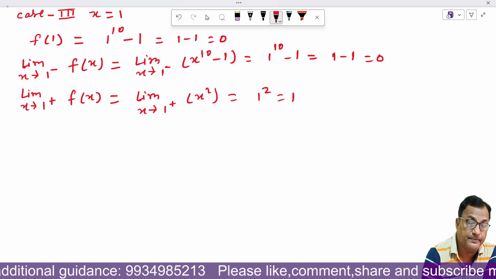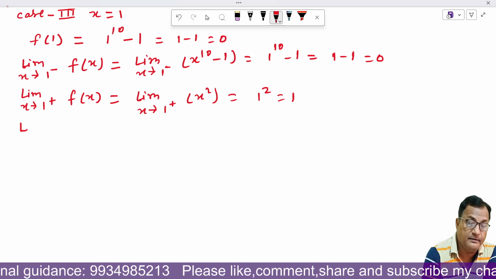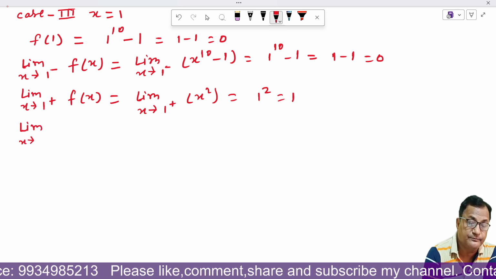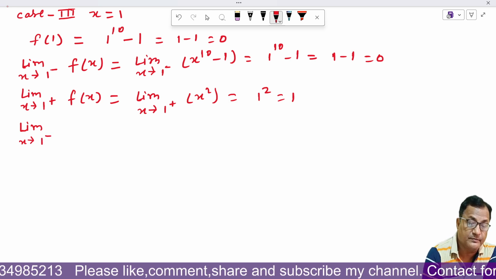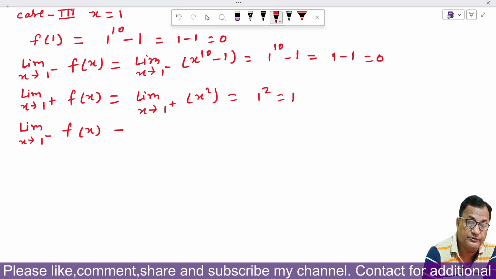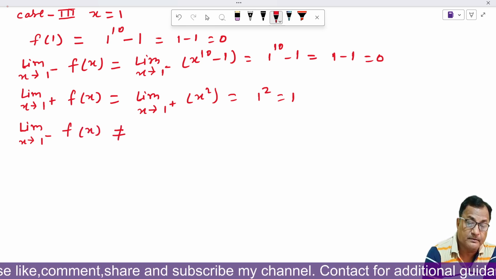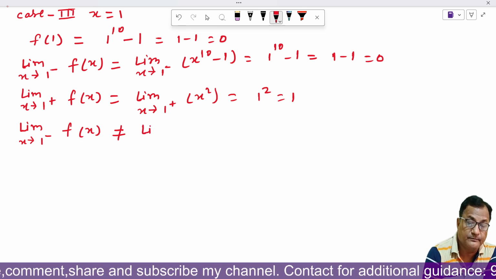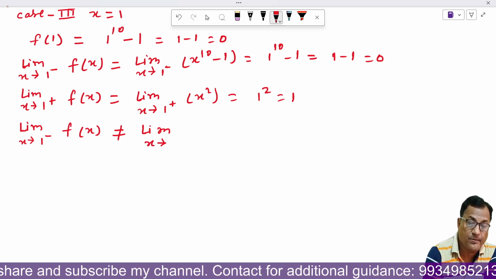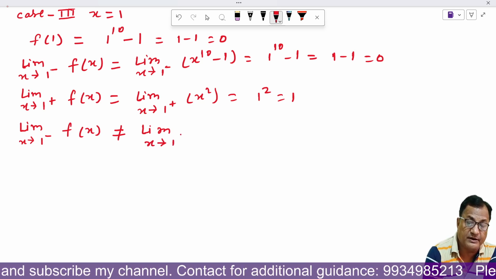Here we see that left hand limit is not equal to right hand limit.